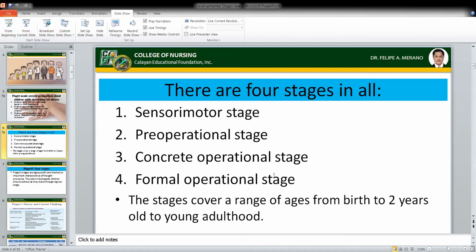Then there are 4 stages in all, as I mentioned earlier: sensorimotor stage, preoperational stage, concrete operational stage, formal operational stage. All of them have different characteristics as we grow old. So the stages cover a range of age from birth to 2 years old to young adult.